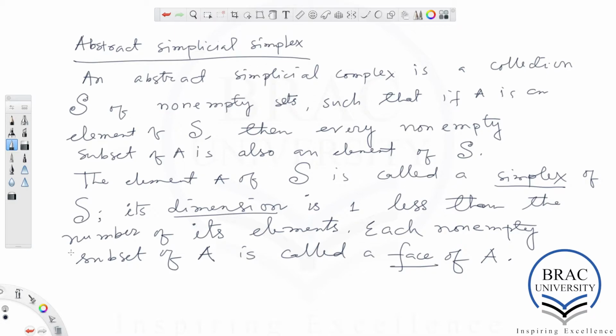The dimension of S, we can also talk about the dimension of the abstract simplicial complex.